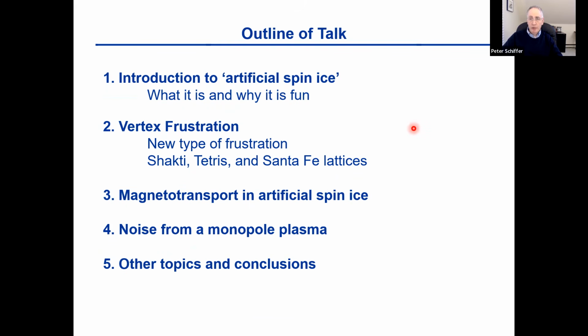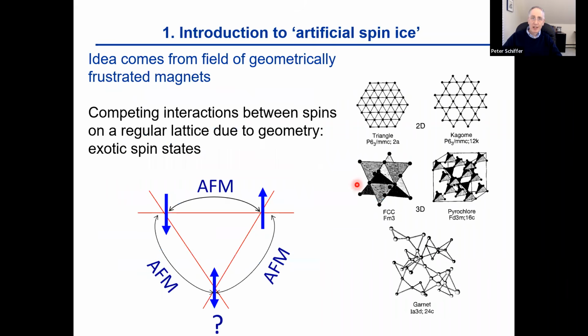First, a new type of magnetic frustration called vertex frustration, and 3 different lattices that we studied that have this special type of frustration. Then I will talk about some magnetotransport results, and then finally noise from monopole plasma work that was done in collaboration with Scott Crooker at Los Alamos, and then I'll conclude and just give a quick survey of a bunch of other results that don't fit in any of these categories.